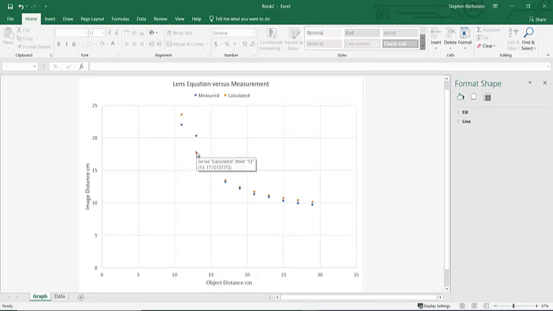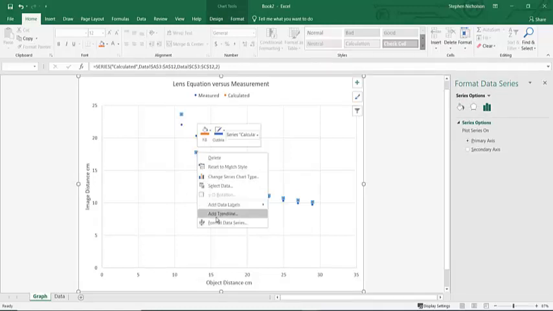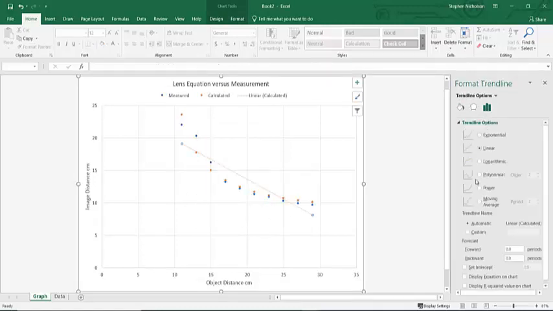So just out of curiosity, click on the orange data, right click, add trend line, and we'll do, let's see, I don't know if you can do order -1 or not.